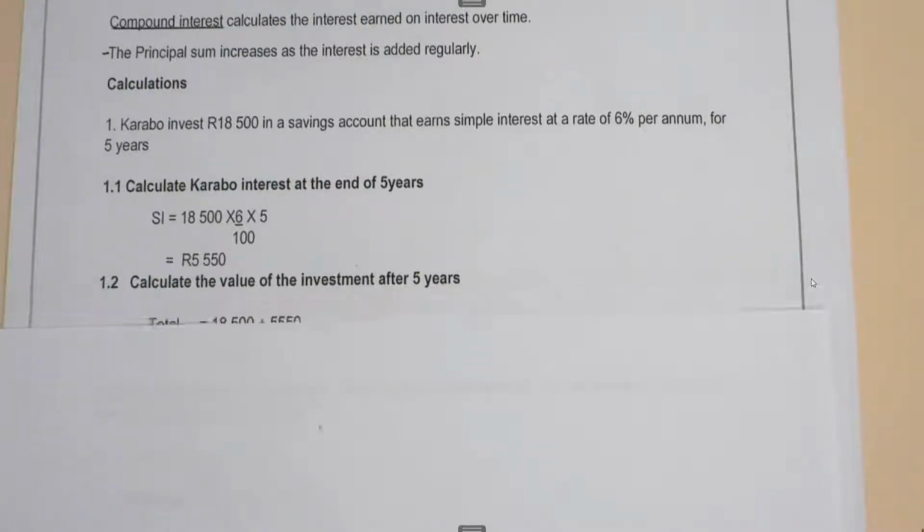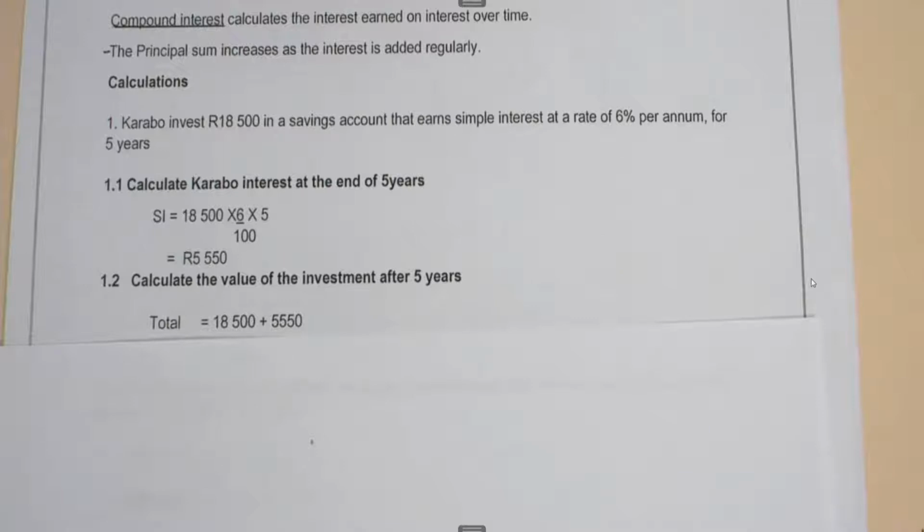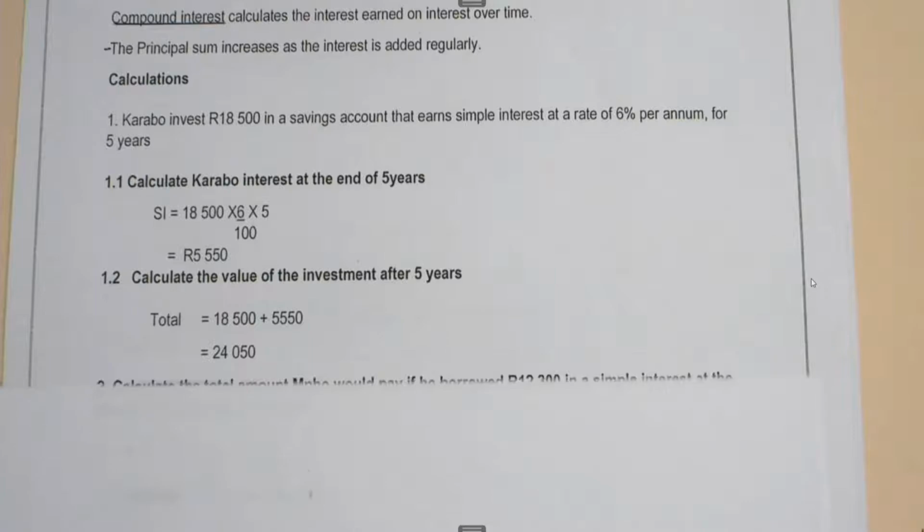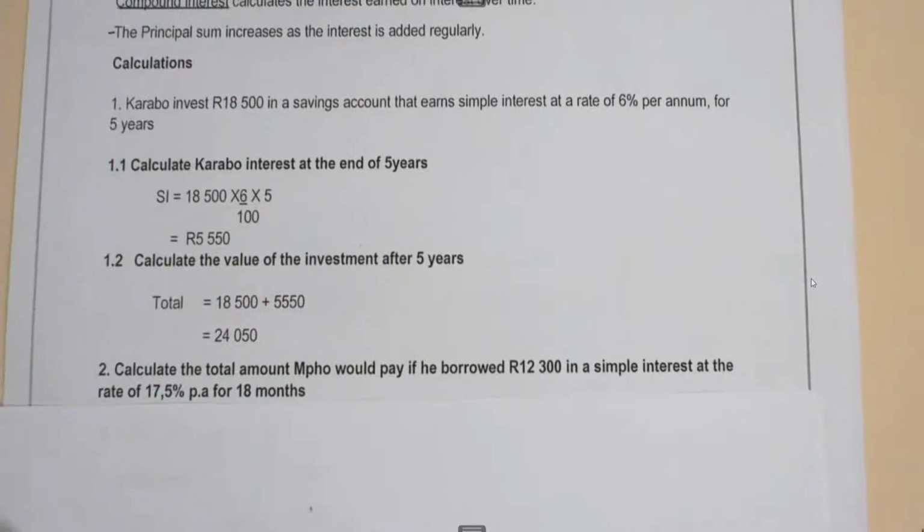The principal amount is still 18,500, and the amount generated after 5 years, which is the interest, is 5,550. Because we have to calculate the total after 5 years, we add the two, and the answer will be 24,050 rand.